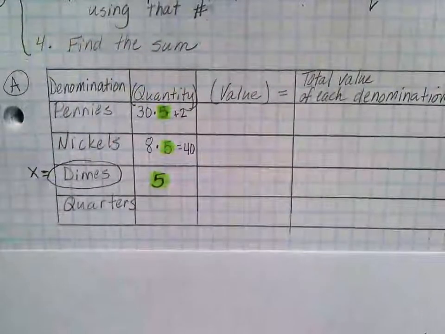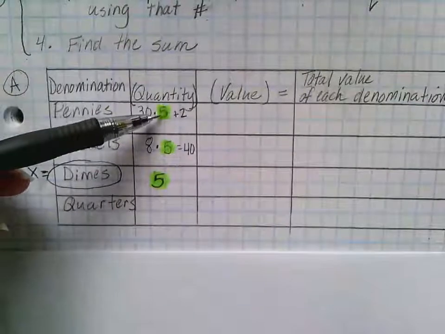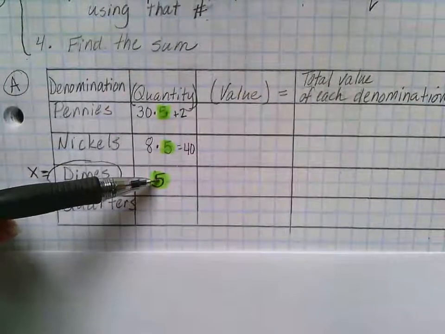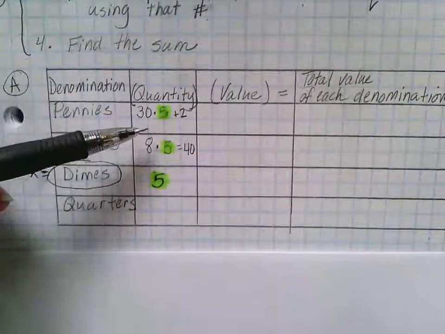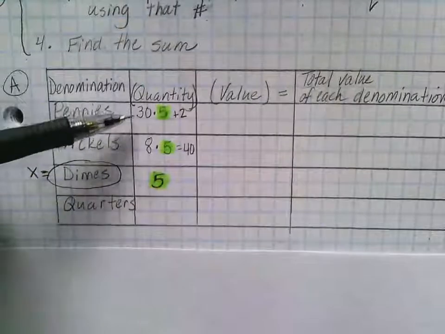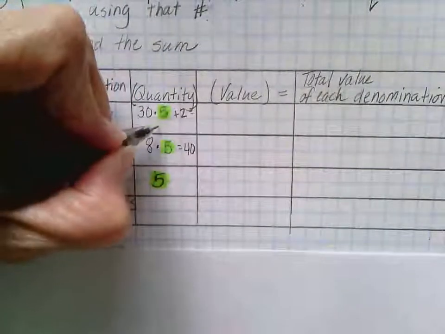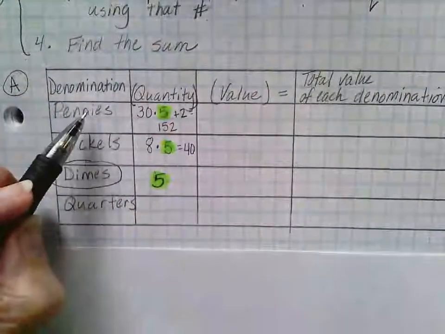The reason I'm highlighting this 5 is because when I get to the next part, every time I write something, this is going to change to an X. But right now what I'm trying to find out is my actual answer. So when I take 30 times 5 and add 2, I'm going to get 152. So I'm going to have 152 pennies.